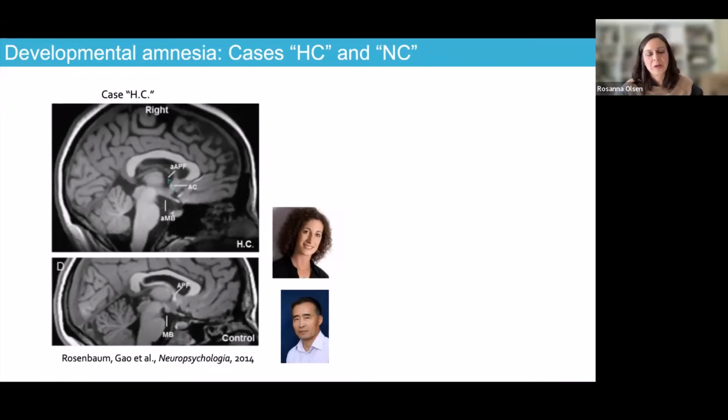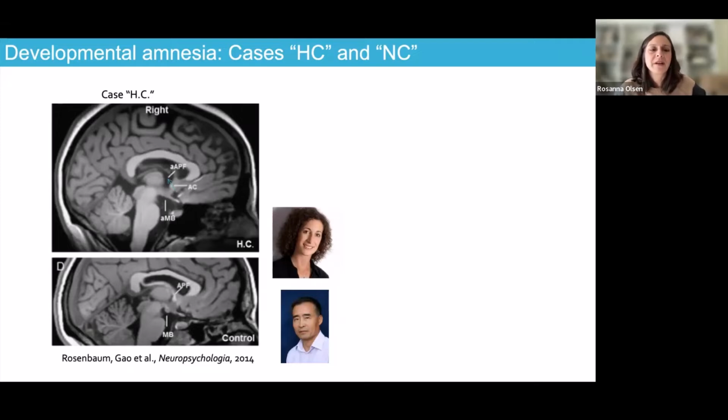She has reduced volume in her anterior thalamus, and she also has, at least using standard T1 weighted imaging, we cannot visualize her mammillary bodies, which has led Shana and others to speculate that the etiology of her developmental amnesia might be something that happened in utero, perhaps, although that's not completely agreed upon.